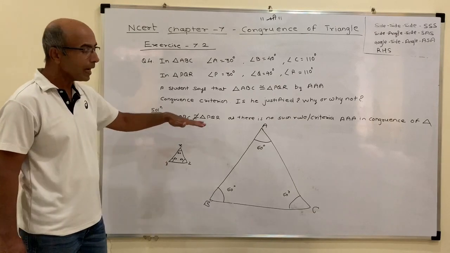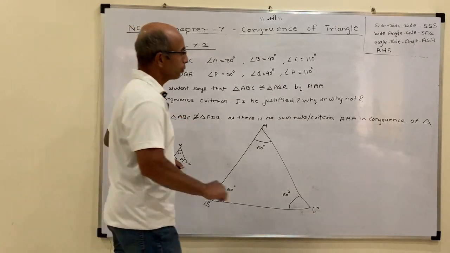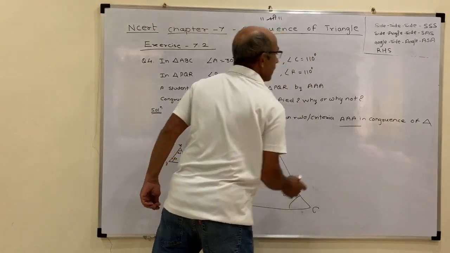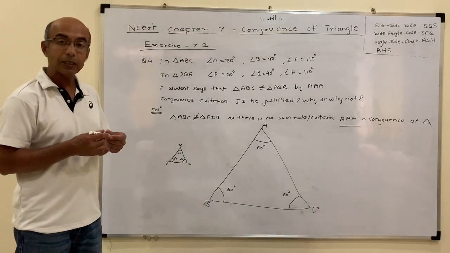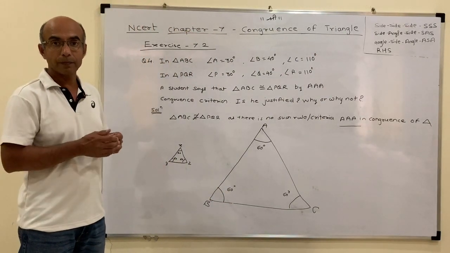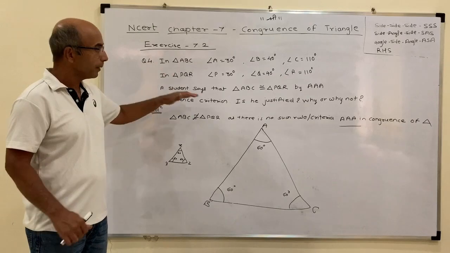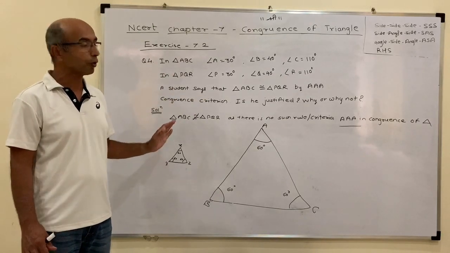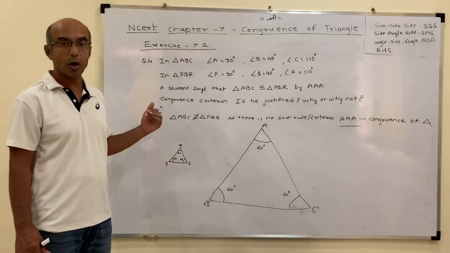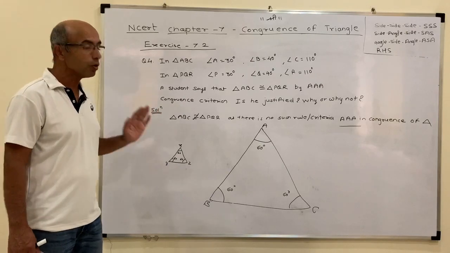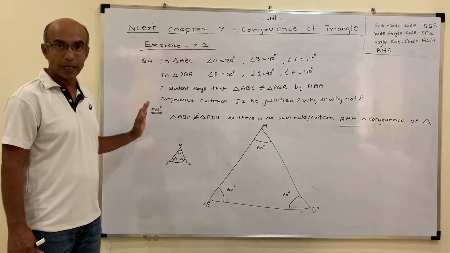So this AAA rule, what this boy was saying, doesn't exist at all. So triangle ABC is not congruent to triangle PQR, as there is no such rule of AAA.